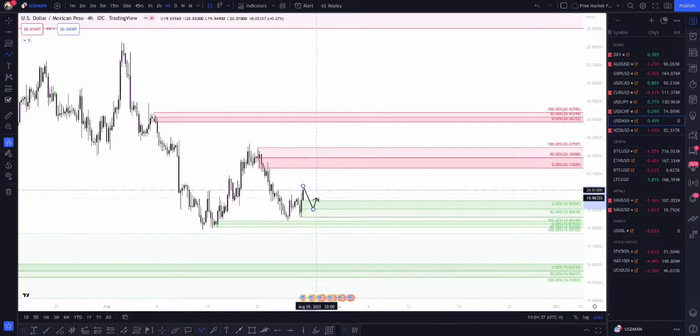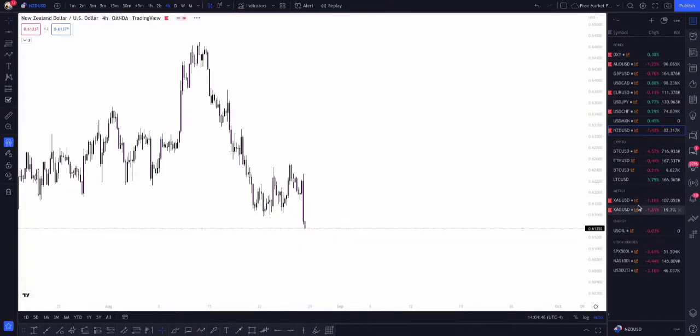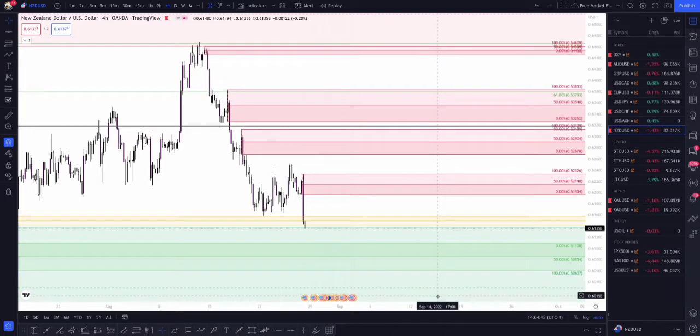So we want to see if this demand will be respected for us to take it to the upside to follow the data that we have. Okay, NZD USD. We do have more short positions reported for this pair. So from the onset, I'm looking for we can take this.